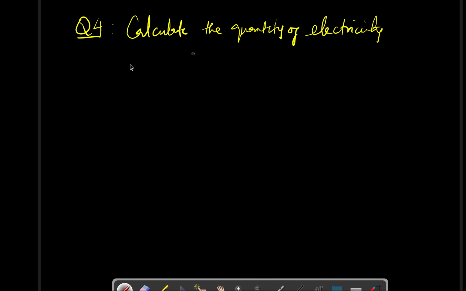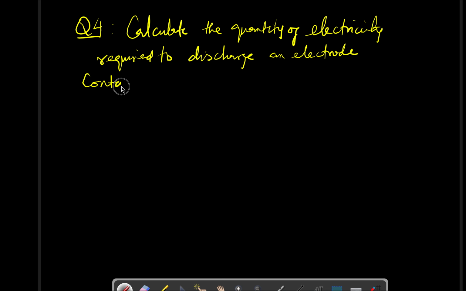It says you should calculate the quantity of electricity required to discharge an electrode containing 4.0 mole of Q3 plus.